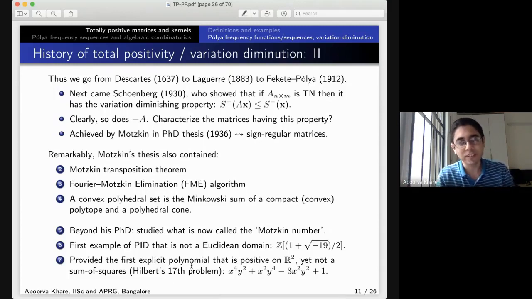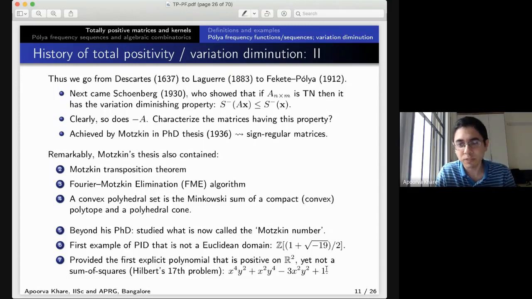And he provided the first explicit polynomial related to Hilbert's 17th problem: there are polynomials which are positive valued, but not sums of squares, when you have more than one variable. When you have one variable, Hilbert proved that a polynomial which is non-negative on all of R is a sum of squares of polynomials. But this is not true for two-variable polynomials, and an explicit example wasn't known until Motzkin.